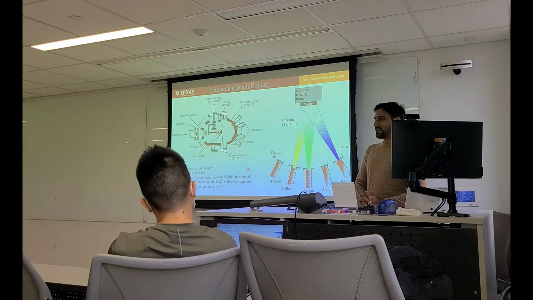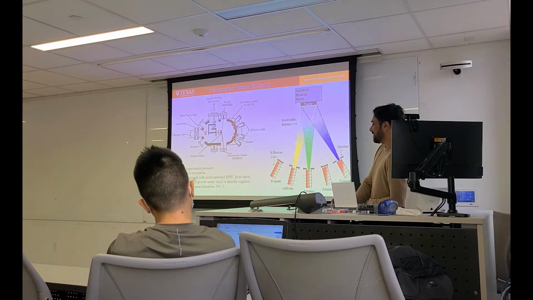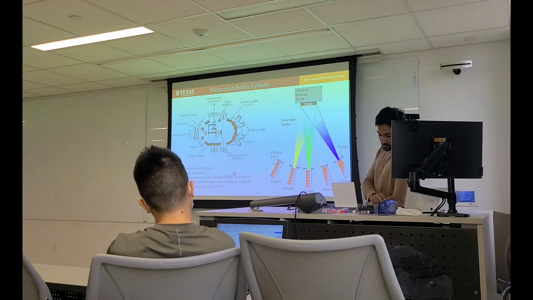If you use the metal, you can reduce the temperature to 800 degrees centigrade. So the metal is facilitating the growth. They used that concept here, and they increased the growth rate because the metal is acting as a catalyst, but still the maximum growth rate was around hundreds of nanometers per hour.